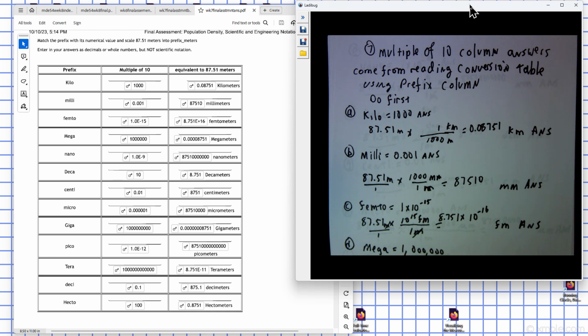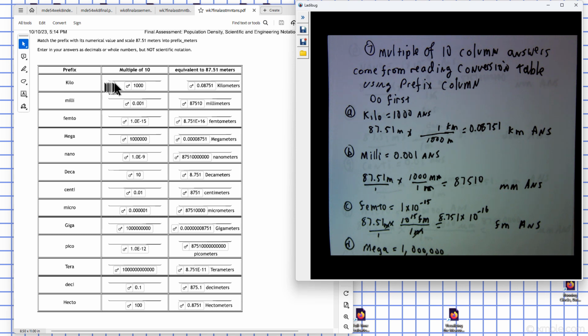See that column, multiple of 10 column here. Answers come from reading a conversion table using a prefix column. So you get these numbers here using that conversion table.